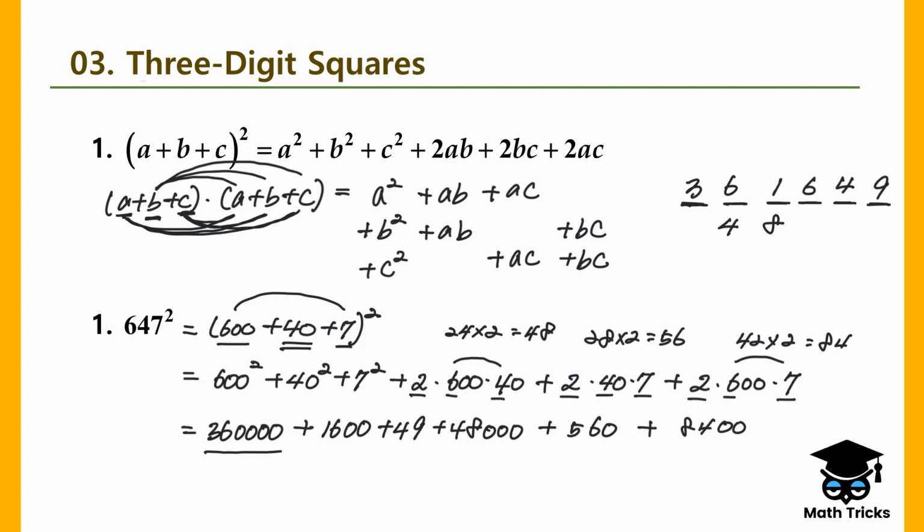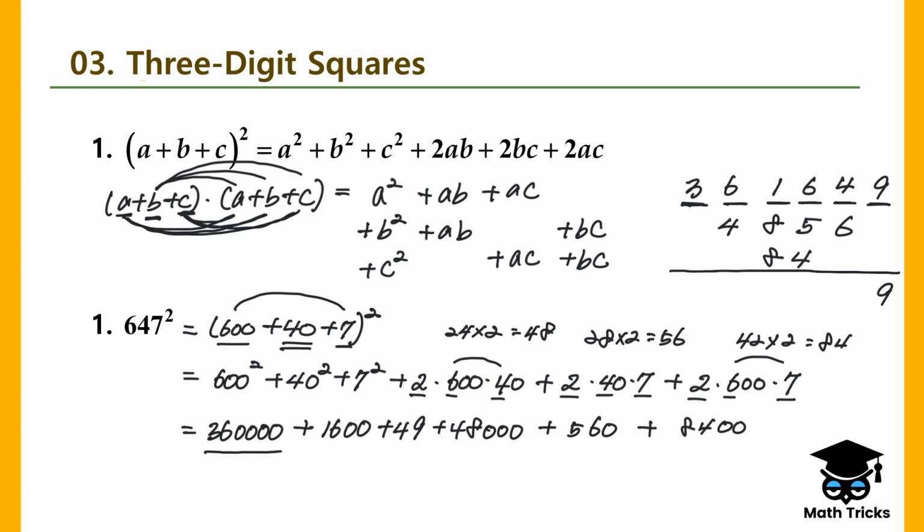And 560, we must write 56 here, right? Last, 8400. So 84 with the 2 zeros. So that goes in the middle position, 8400, right? And we add all of these numbers together.